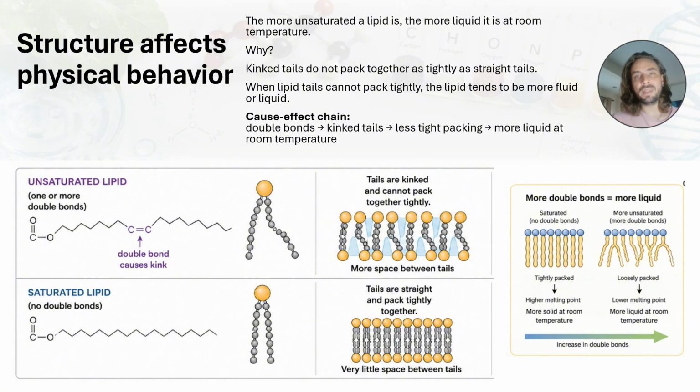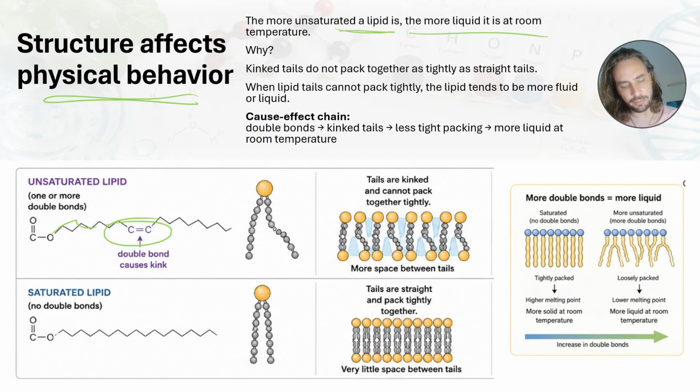Now, the structure affects the physical behavior. So the more unsaturated it is, the more liquid it is at room temperature. But why? So here we have an unsaturated fat because it has this little kink. Now, if I put these fatty acids together, there will be space between them, meaning they cannot pack together really tightly. Whereas with saturated lipids, you have no double bonds and the fatty acid chains are straight, meaning they can really pack together tightly.